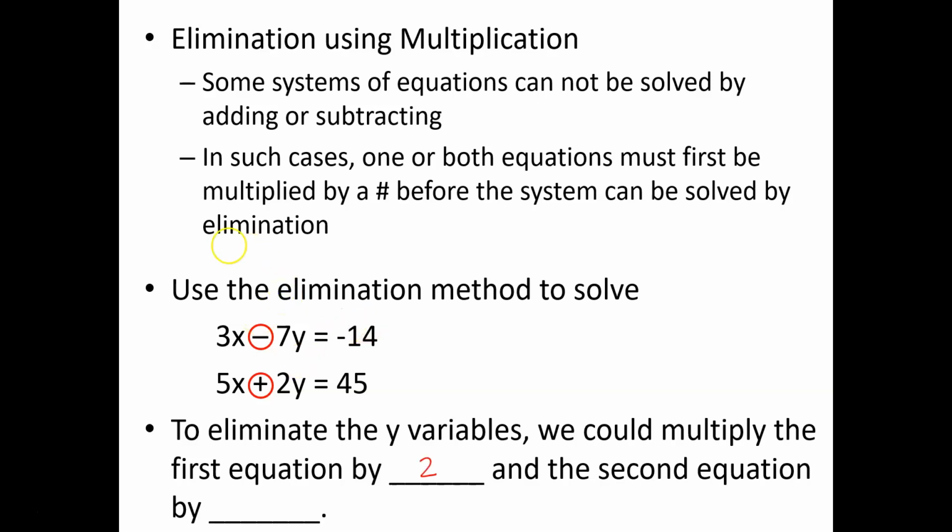If we multiply the first equation by 2 and the second equation by 7, then we get the same number here, right? 2 times -7 is -14. 7 times +2 is 14. They would cancel each other or eliminate.